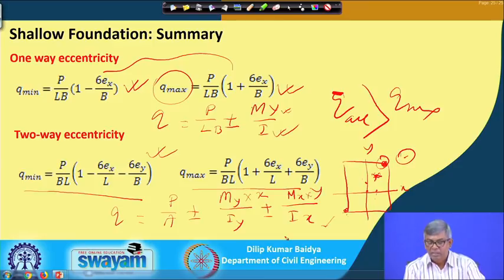If I put the I x, I y and y values and the moments in terms of P and E, then the equation is modified to this and this for maximum and minimum.